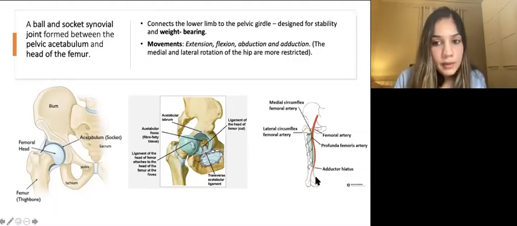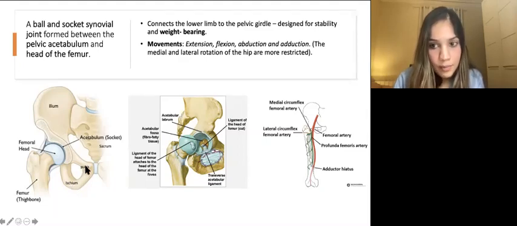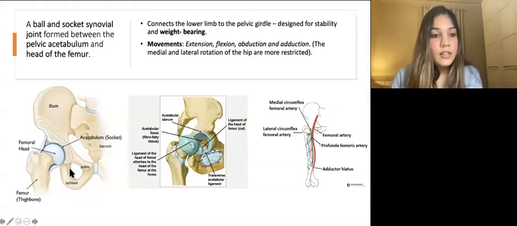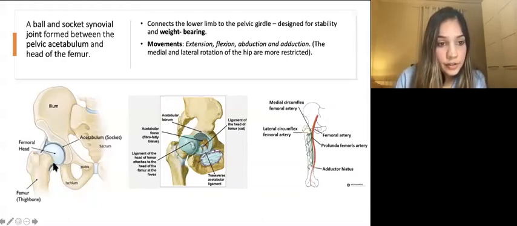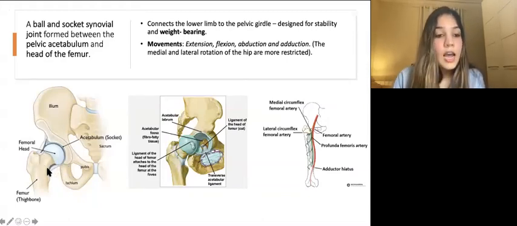All three pelvic bones, the ilium, the ischium, and the pubis, contribute to the acetabulum. And the socket is incomplete inferiorly, as you can see, and this gap is known as the acetabular notch.